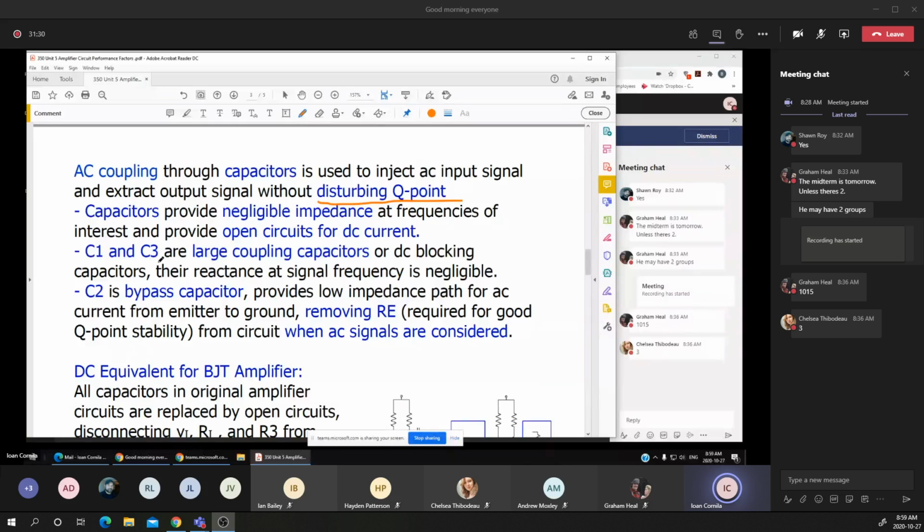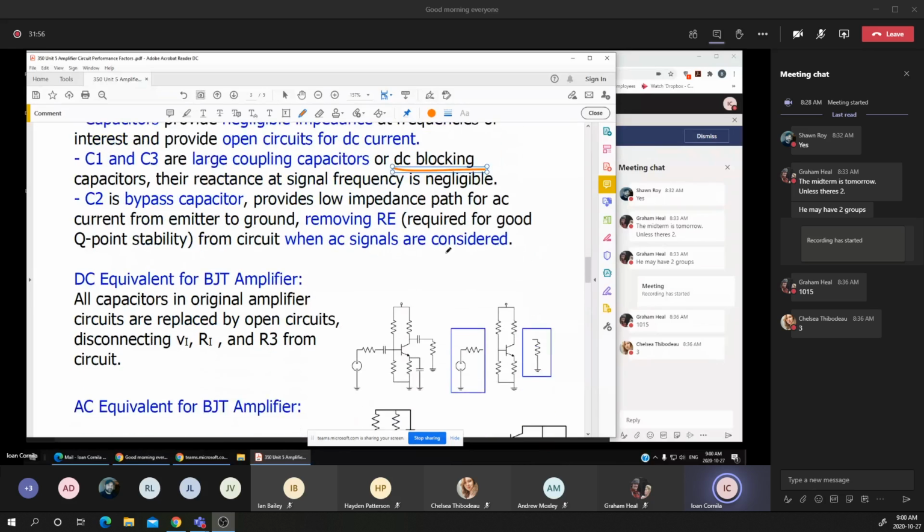C1, C3 are large capacitors, and those are called coupling, connecting the two stages, to let just the AC voltage through and block the DC component of the circuit to the load, or block the DC component from the input voltage into the circuit.